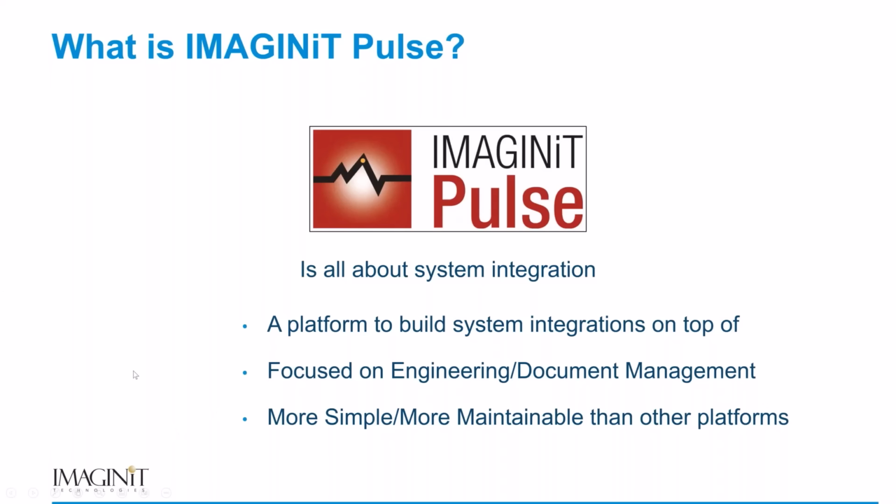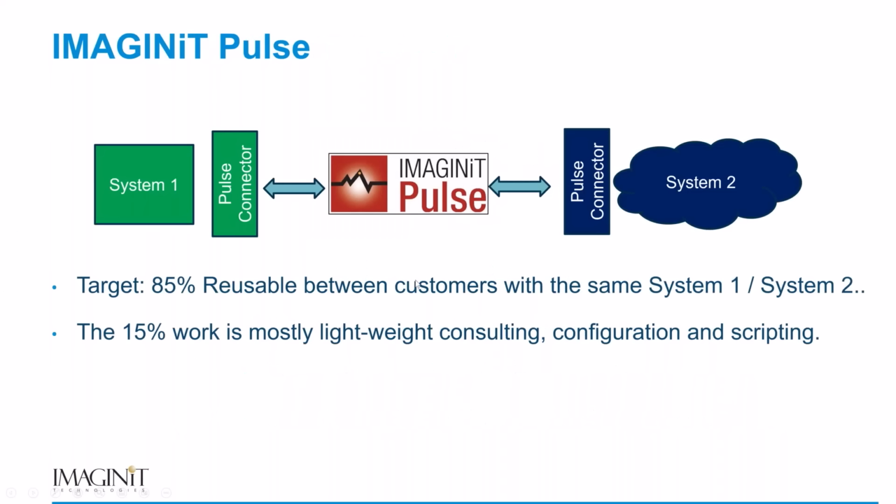So our concept in ImagineIt Pulse is that at least in comparison to a custom integration between two systems, we felt like we could make 85% of the integration reusable from customer to customer, between two different systems, and the 15% of the work is really lightweight consulting that is going to be different for each customer.